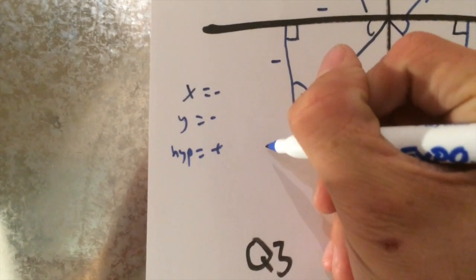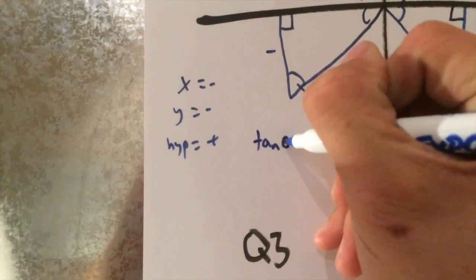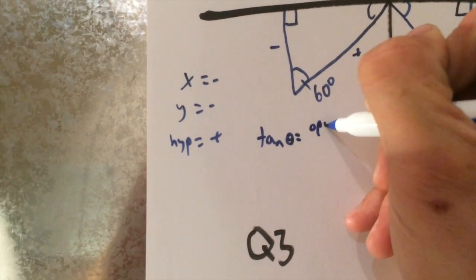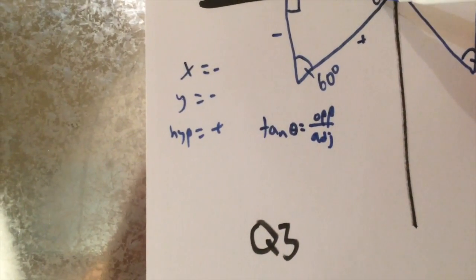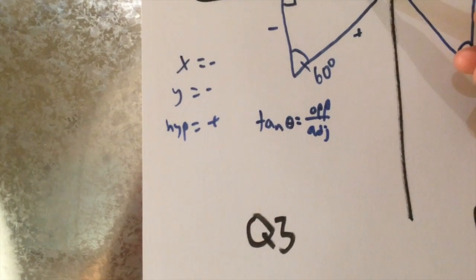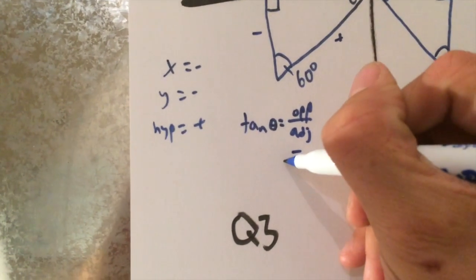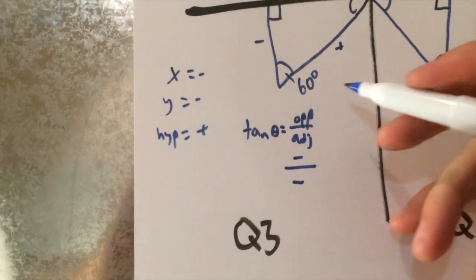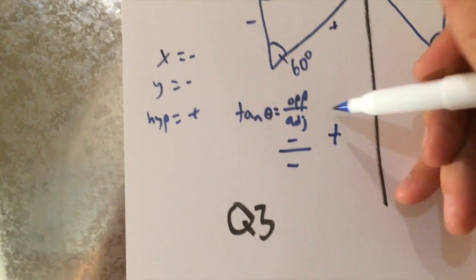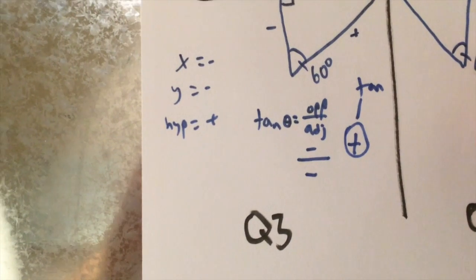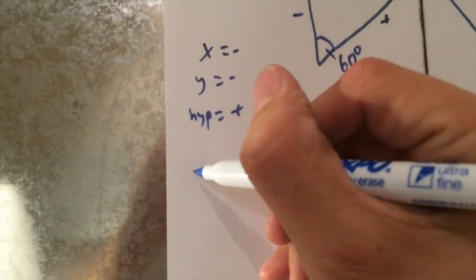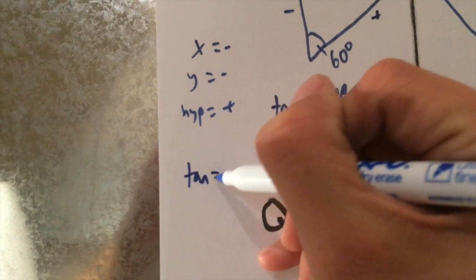So when you do the math, tan theta, which is opposite over adjacent, is the negative over the negative, which makes a positive. So the tan is positive. I'll just write that down here.